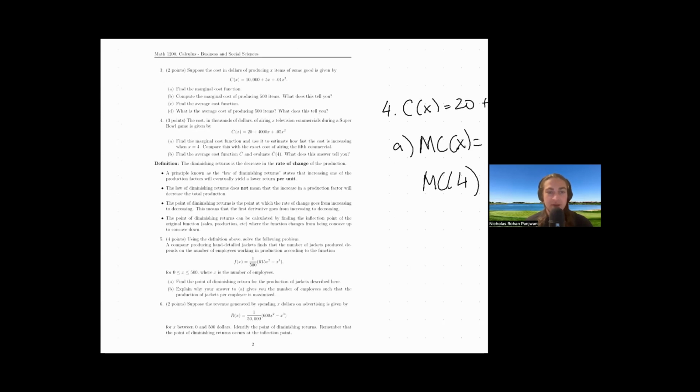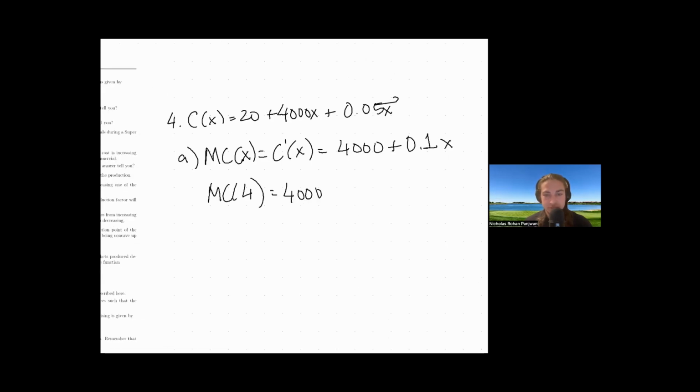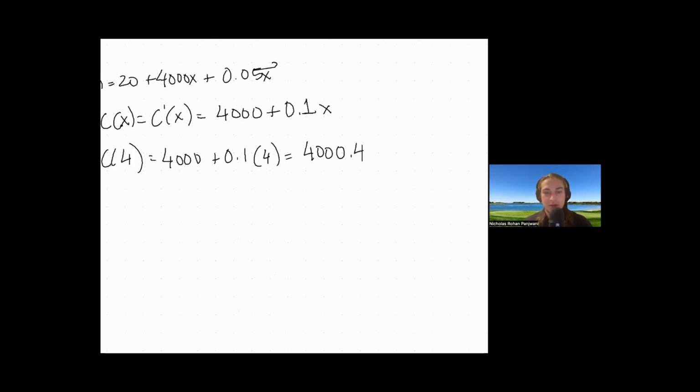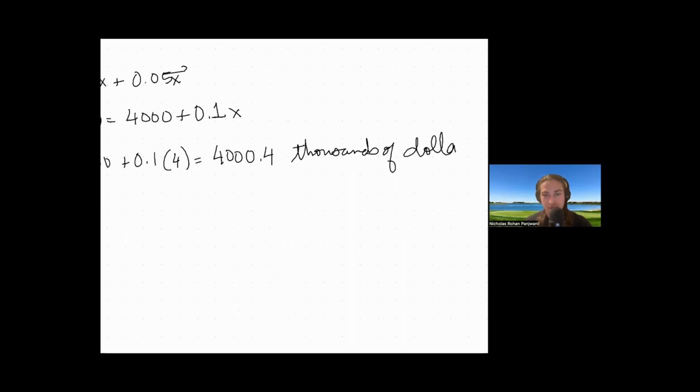Estimate how fast the cost is increasing when X equals 4. They say compare that with, and this unit is thousands per commercial.